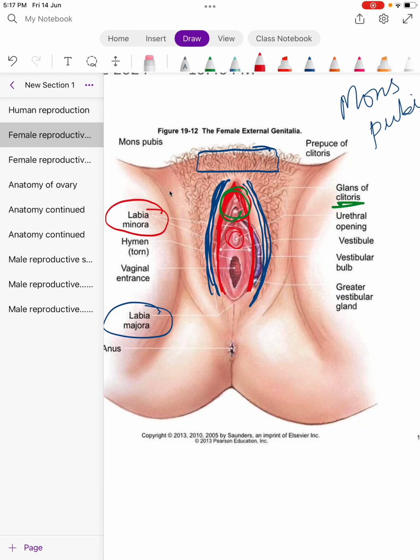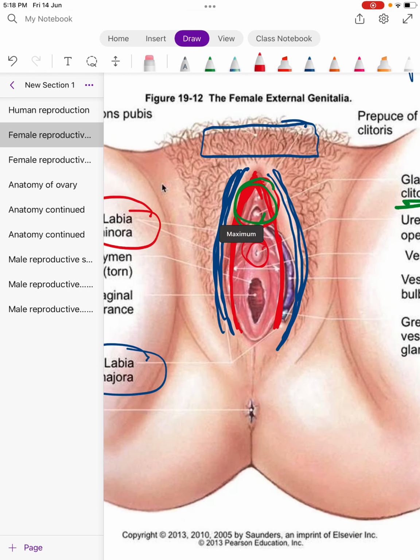One more thing about the clitoris is that it is considered to be homologous to the penis of the male, because it has a glans-like structure. Secondly, it has a foreskin-like prepuce and also has two columns.